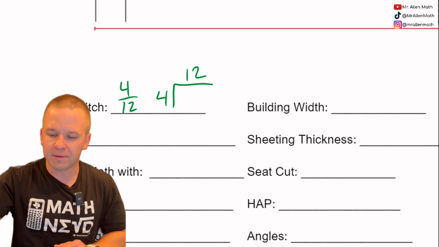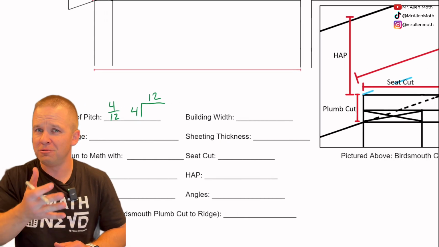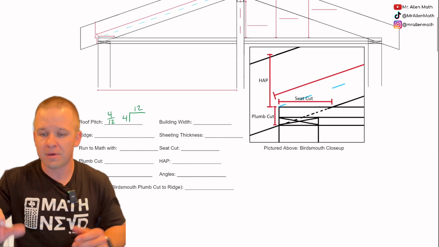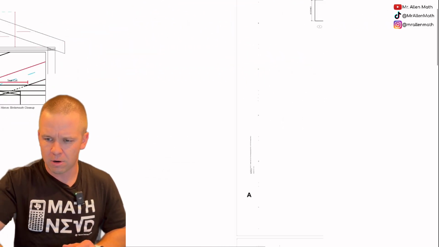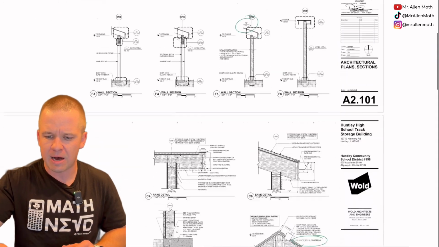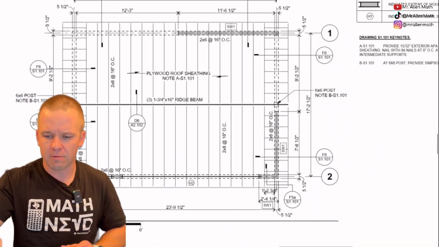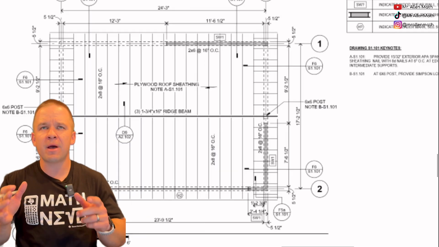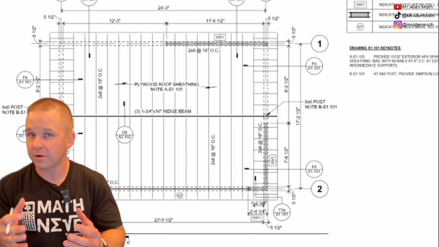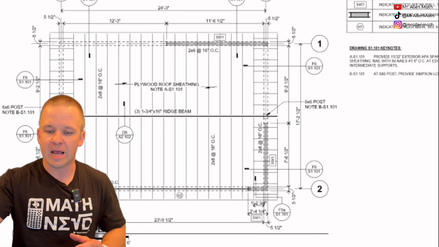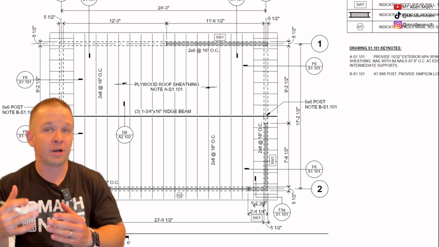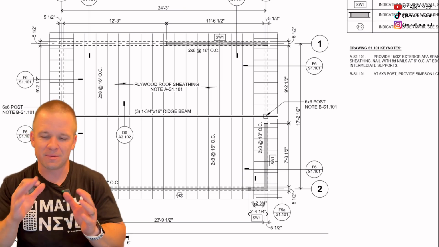So our building width, now there are obviously two dimensions of this building, length and width. But I'm going to go over to our architectural plans, and I actually looked at this part right here, because we ended up having to do some slightly different material thicknesses than what we originally had. We ended up getting 3/4 inch plywood instead of 1/2 inch, so some of those dimensions were a little different.